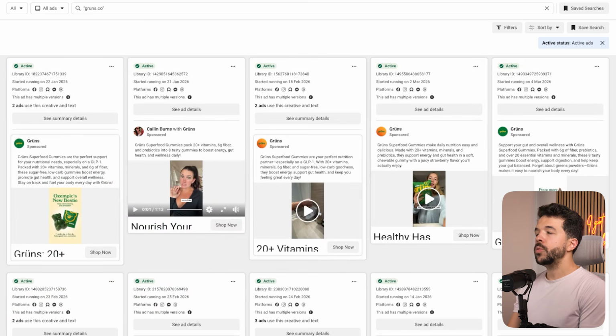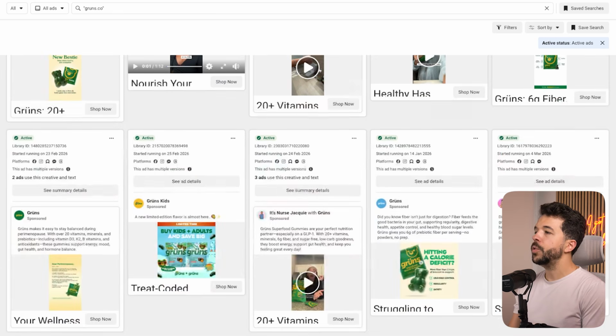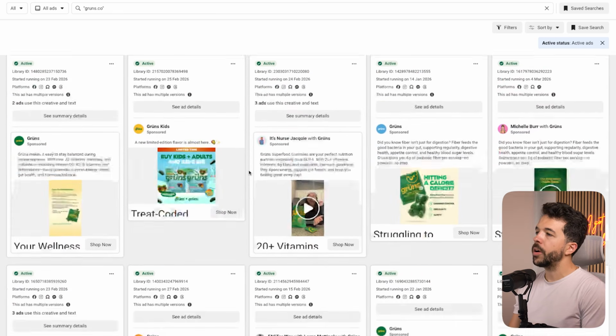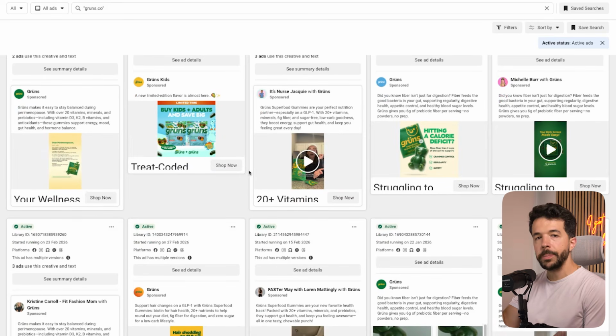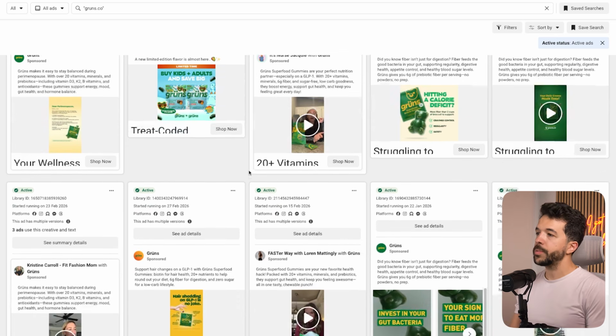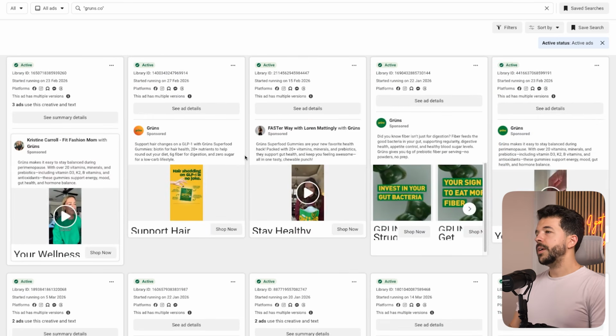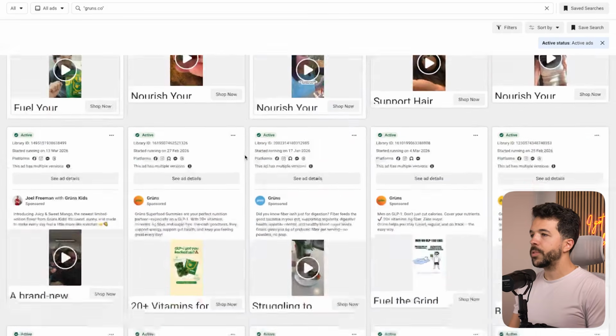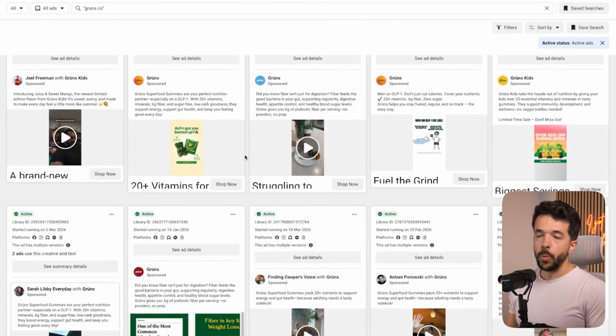When it comes to ad libraries, I usually recommend our creative strategists to analyze ads per groups. So you want to see what are the elements that are repeated across multiple ads, and most likely the ones that are repeated are the winners. So if it's hooks, if you see the same hook 3 times, 4 times, most likely that's a winning hook.